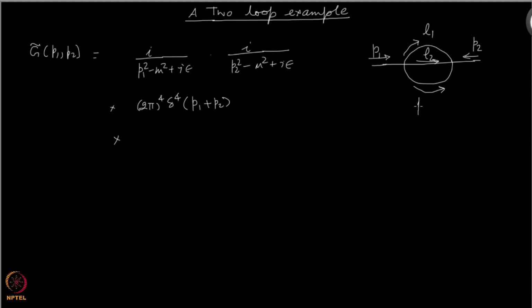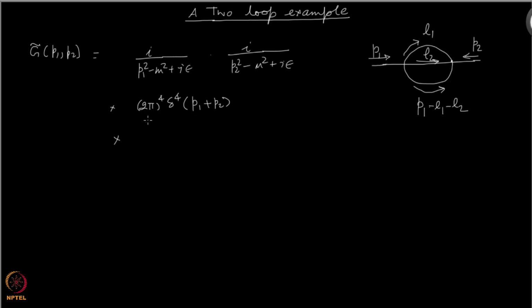This one will be P1 comes in and L1 and L2 leave there. So this is what comes in here, and at this vertex everything is fine. L1 comes in here, L2 comes in here, P1 minus L1 minus L2 comes in here. So everything is determined.